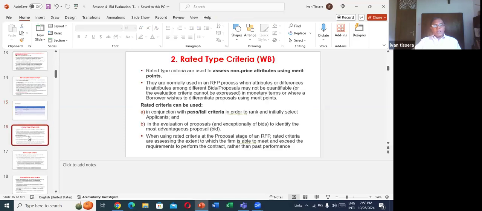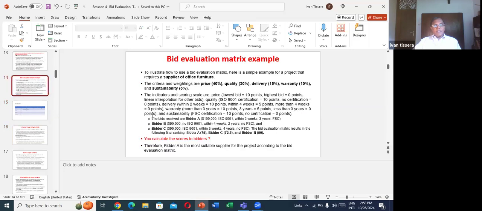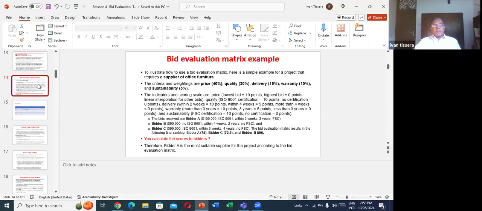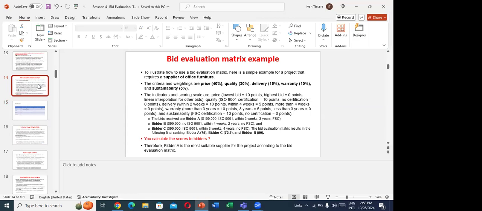A මොකක්ද කියන්නේ කියලා. Regarding quality, what the criteria? Quality ISO certificate 10 points. No certification 0 point. Quality only 10 marks there. 30. 30 marks. 30%.